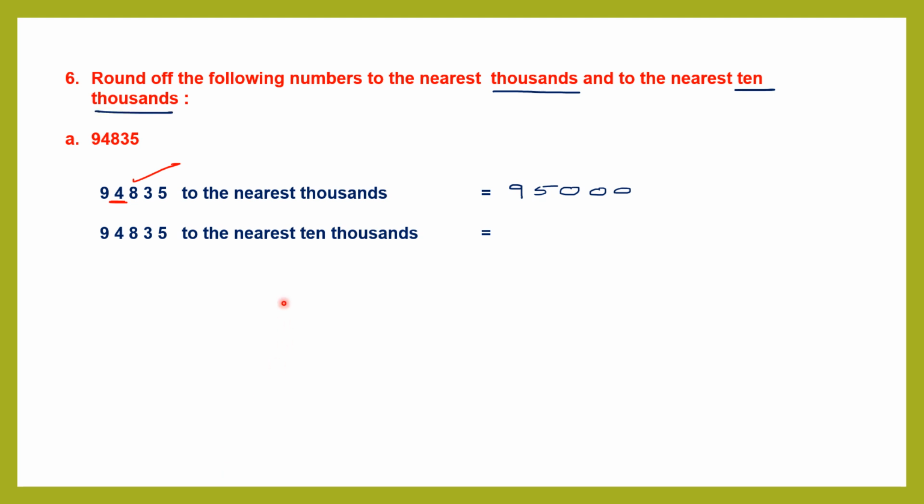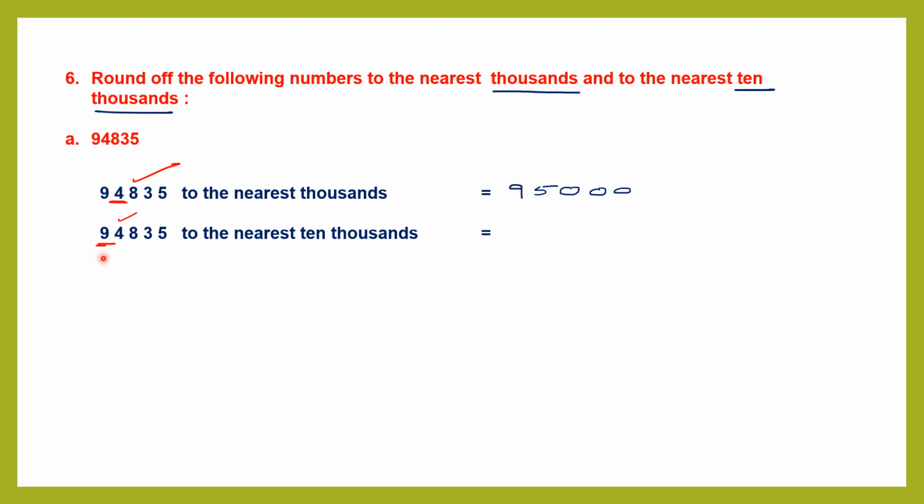So what we have to do is look for the digit in the 10,000s place. Ones, tens, hundreds, thousands, 10,000. So in the 10,000s place, we have 9. And the digit to its right is 4, and 4 is smaller than 5. So if the number here is less than 5, there will be no change in the underlined digit.